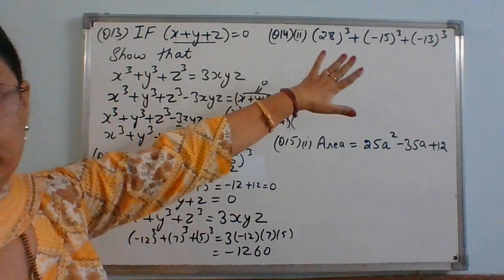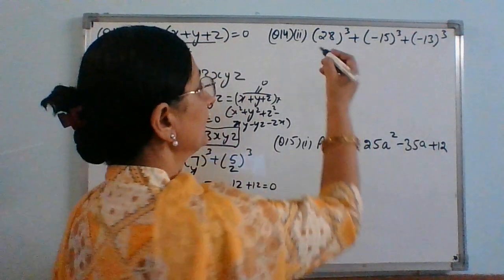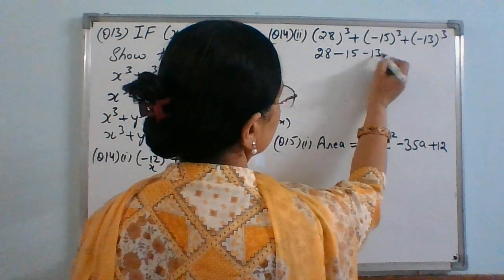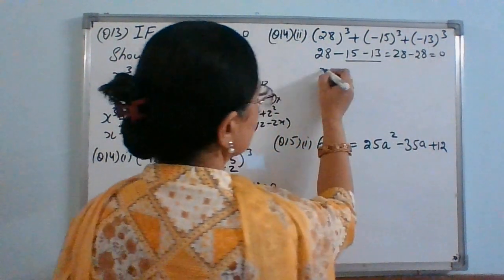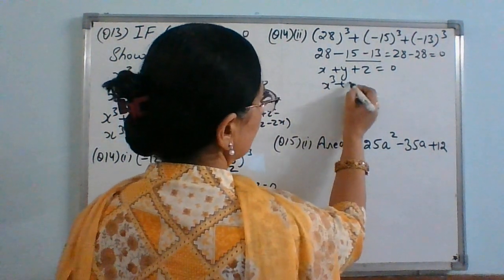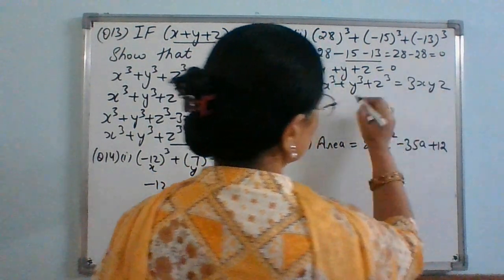Same type of question here also. In this also we are supposed to find a cube, b cube, c cube, and let us check if x plus y plus z is 0. 28 is x, 15, minus 13. Yes, if we add these, the answer is 0. Means x plus y plus z is 0. So x cube plus y cube plus z cube will be 3xyz. We need to mention this.